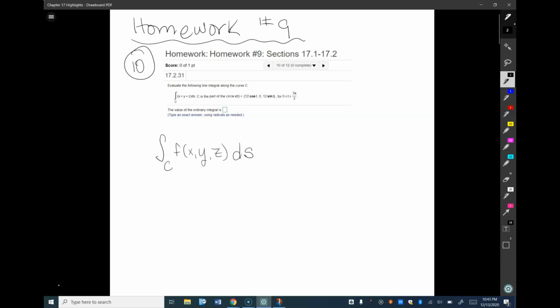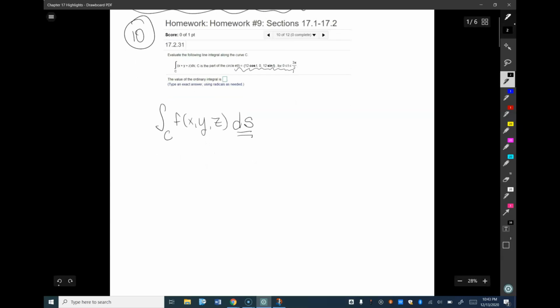So I want to just explain to you really quickly how I'm going to convert this into a more usable form, because we don't have a function in terms of arc length, we have a function in terms of time. So arc length, I think from a couple chapters ago, if we're talking about the curve r of t equals x of t, y of t, z of t, and I want to know the arc length for that curve from t values a to b.